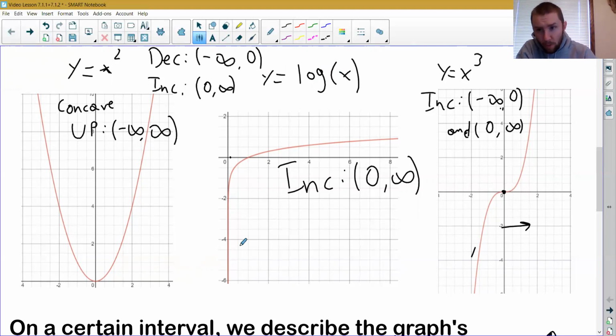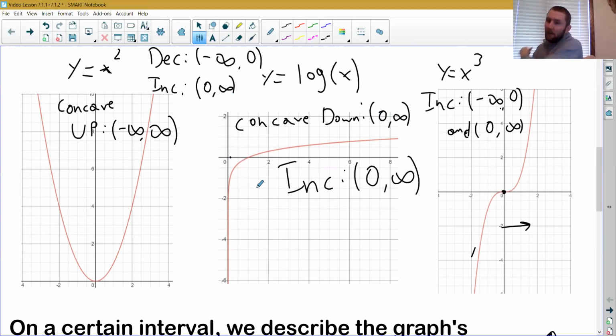Well, that slope, that increase, is going down, which means it's concave down. So in this case, I'm going to say concave down, and it's also from 0 to infinity. The reason I don't go to negative infinity is because the function does not exist there. Okay, same with the increasing piece. Starts at 0, concave down, and it stays concave down the entire time, no matter what.